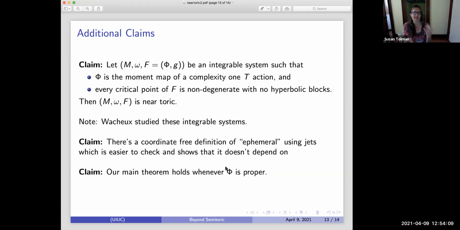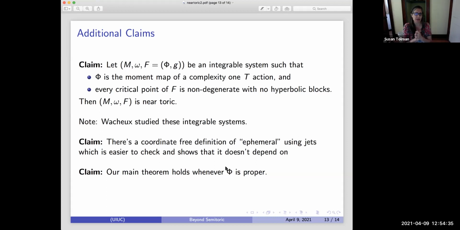It's basically like checking that something is Morse. If you understand it well, it's pretty doable, but as long as you can compute the Taylor series, you're in good shape. I should say it doesn't depend on the choice of coordinates.